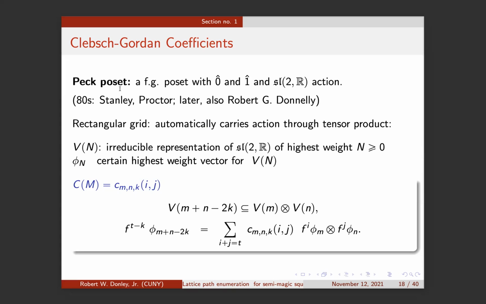If we have time at the end, please remind me about Peck posets because there's a bit of a cultural story there, because Peck is not a person. But their punchline is that they characterize things with the Sperner property and their conditions as posets with SL2R actions. And this is still an active area of research.